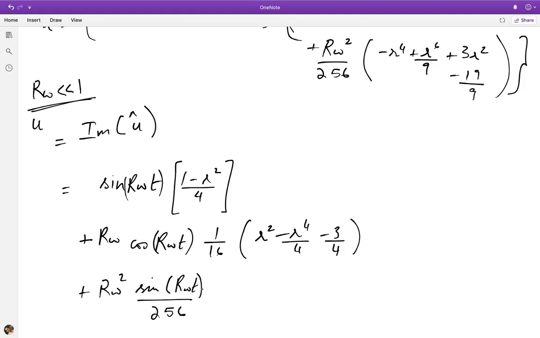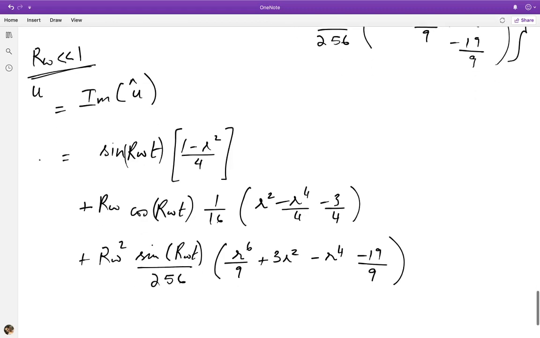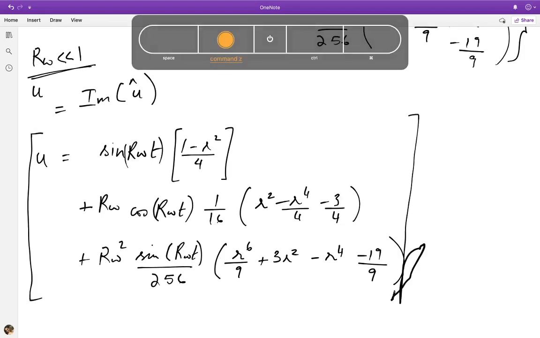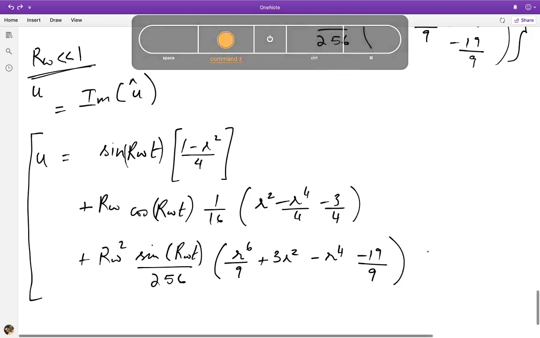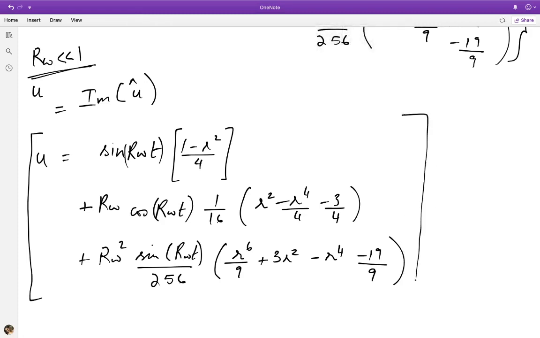And now the factor from h. And this is our solution for u, in, of course, the limit r omega much less than 1.